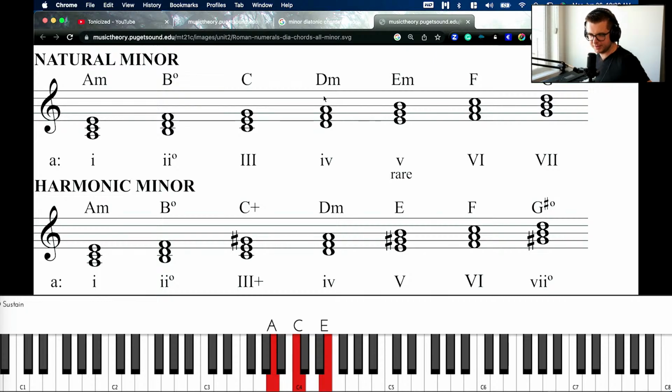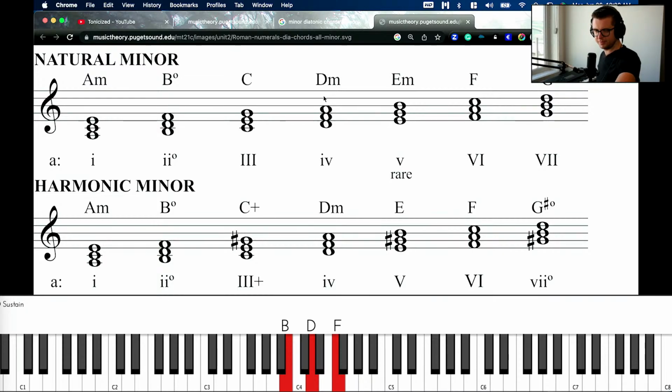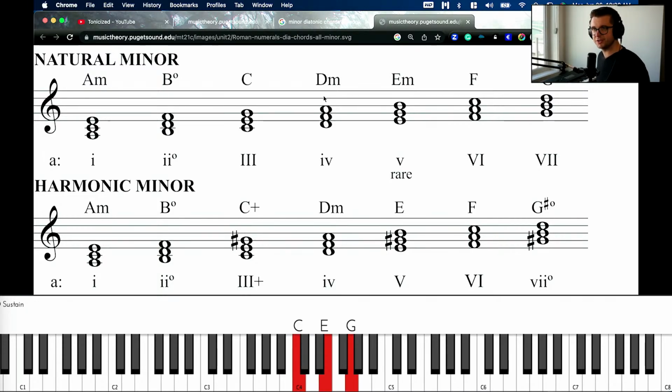So A minor, right? I want to make stuff like this in terms of legibility, because this is a very hard chart to read if you're not sure what you're looking for. So natural minor has A minor, B diminished, C major, D minor, E minor, F major, and G major.